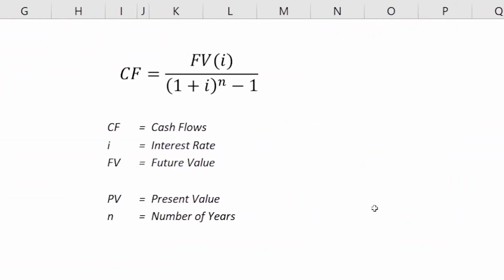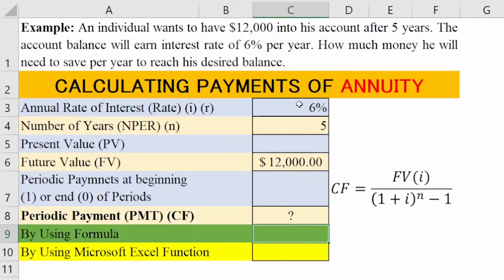That is the formula that we can use to find the cash flows in case of an annuity if we are provided the future value and the interest rate. CF, cash flow, is equal to future value times I divided by (1 plus I) raised to power n minus 1. CF is the cash flow, I is the interest rate, FV is the future value, and n is the number of years. So we have 6% interest rate, number of years 5, and 12,000 is the future value.